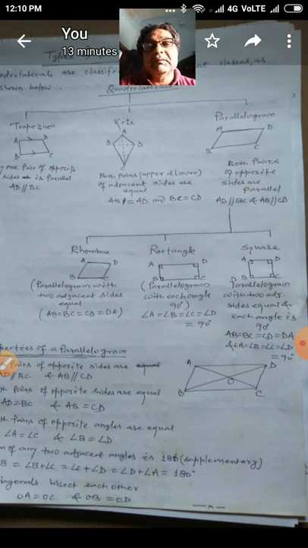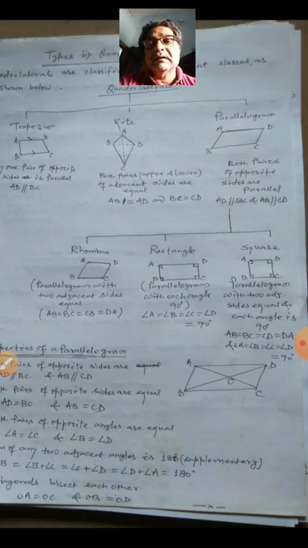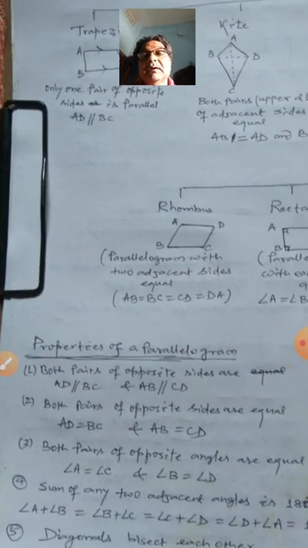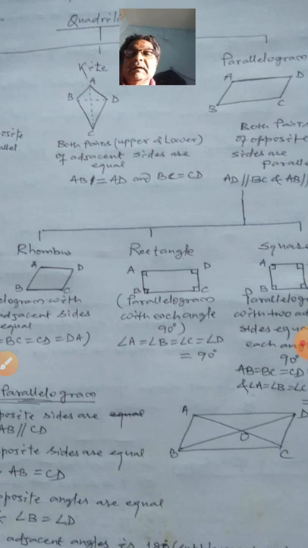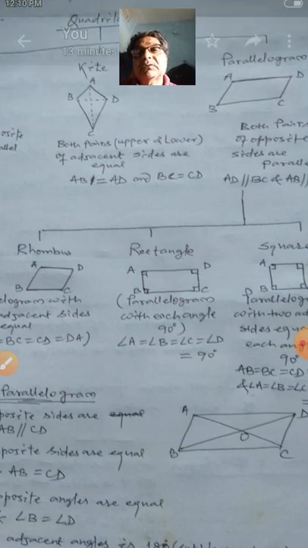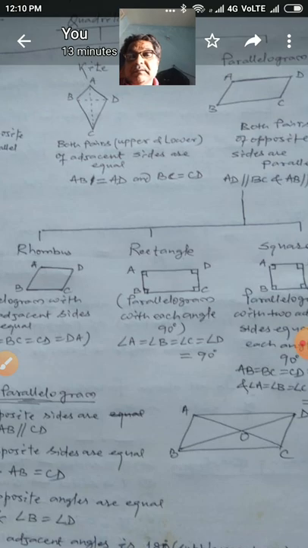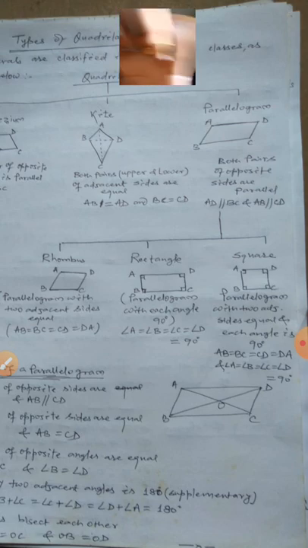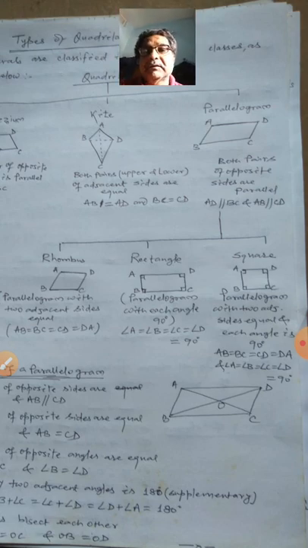A rectangle may not be a square because a rectangle doesn't possess all the properties of a square, while a square possesses the properties of a rectangle. So square is a rhombus also, square is a rectangle also, and basically all these three, rhombus, rectangle and square, are parallelograms. Now if we compare a square with other figures, it acts like that because it has the properties of almost all types of quadrilateral.